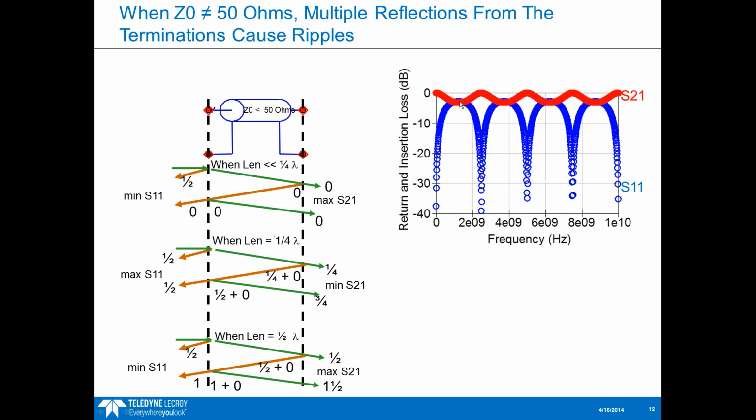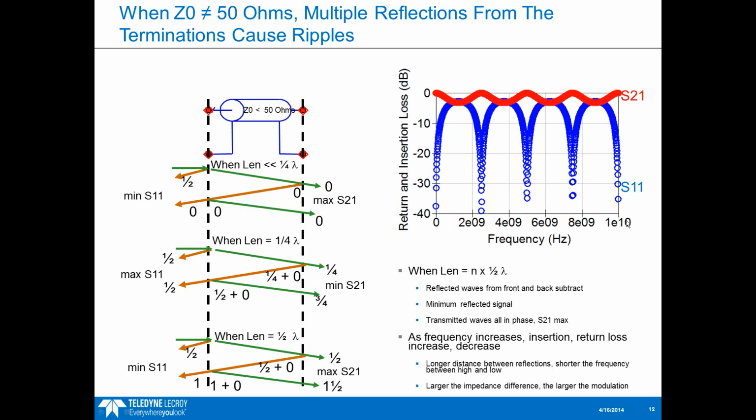And remember, if the return loss is above minus 10 dB or say minus 13 dB, we're going to see an impact on the insertion loss. So you see the ripple carry over into the S21 here. So there are some interesting things you can learn by looking at the ripple. If you think about it, the longer the distance between the reflections, so the longer this interconnect is, the shorter the frequency between the high and low is going to be, so the closer these ripples are going to be.